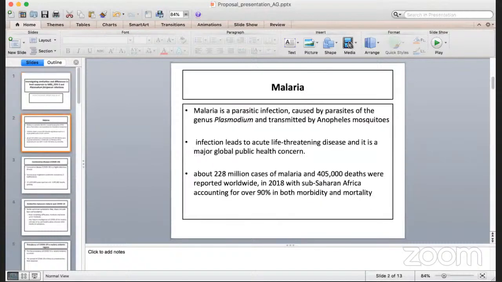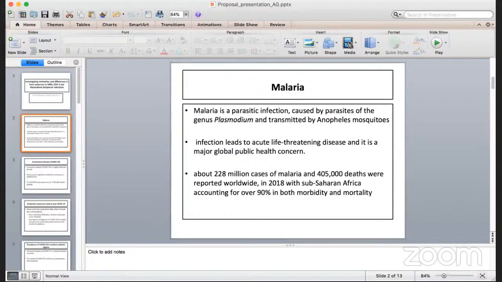A bit about malaria: as Mohit has said, malaria is a parasitic infection caused by parasites of the genus Plasmodium and transmitted by the Anopheles mosquitoes. The infection leads to acute and sometimes life-threatening disease. It is a major public health concern, although it hasn't got that much attention.